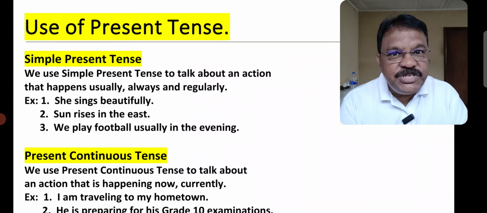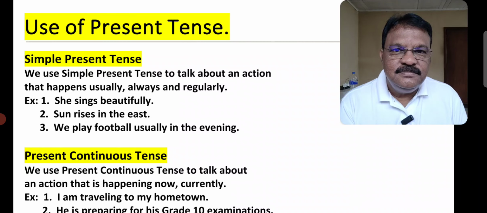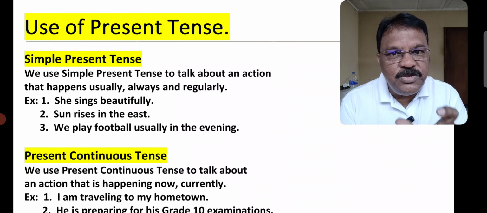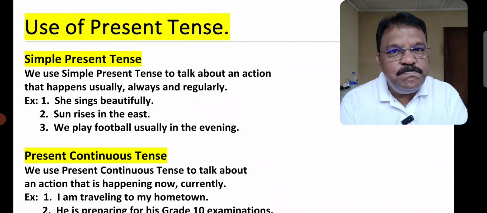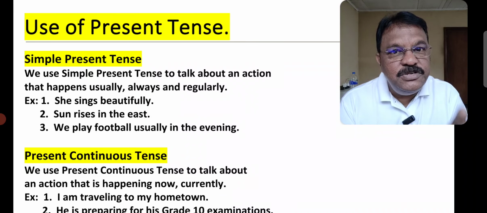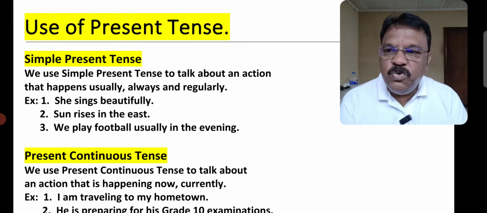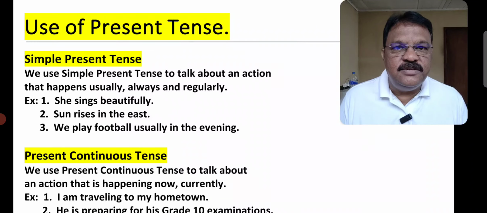That refers to the action that we do regularly in a regular interval. I hope you understand. So to summarize, we use simple present tense verbs in our sentences to talk about the actions that happen usually, always, and regularly. Remember this, okay? Good. Let's move to present continuous tense.